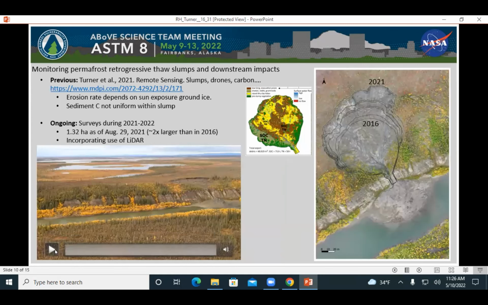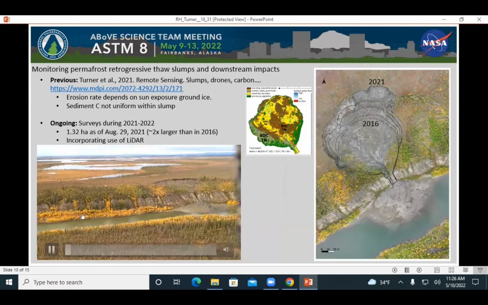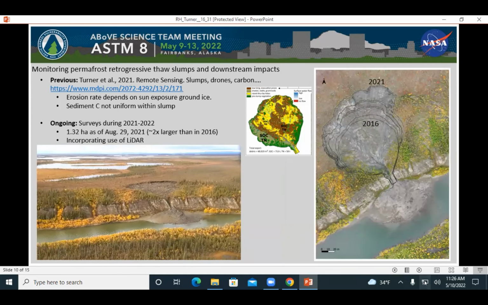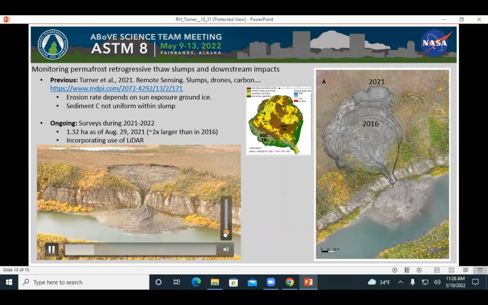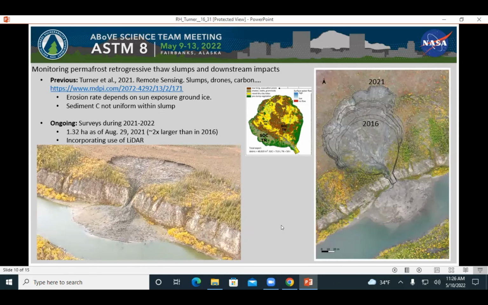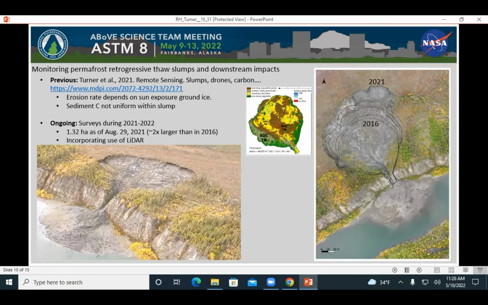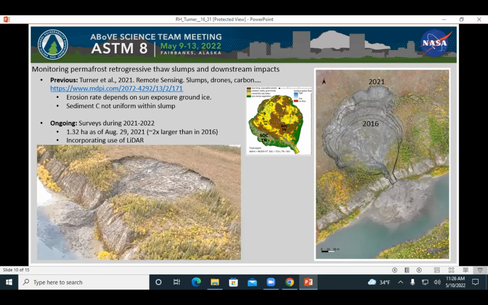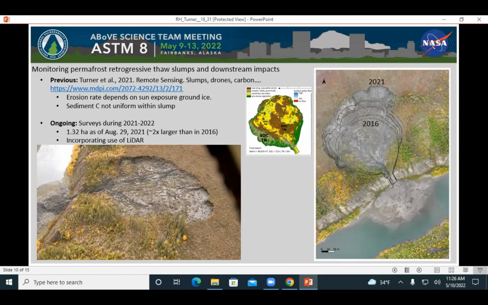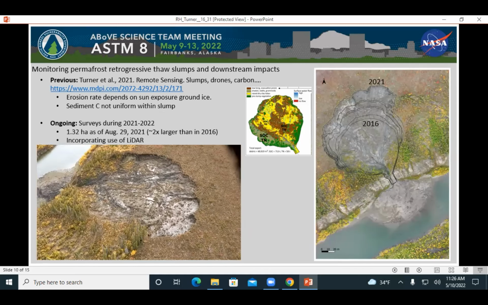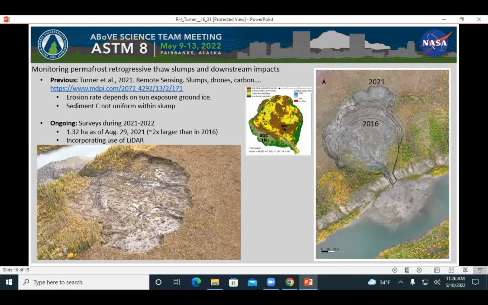So the other thing that we do is inventory thaw slumps. I've got 7 drone surveys that I've done since 2016 on the largest thaw slump in Old Crow Flats. We take water samples upstream and downstream.